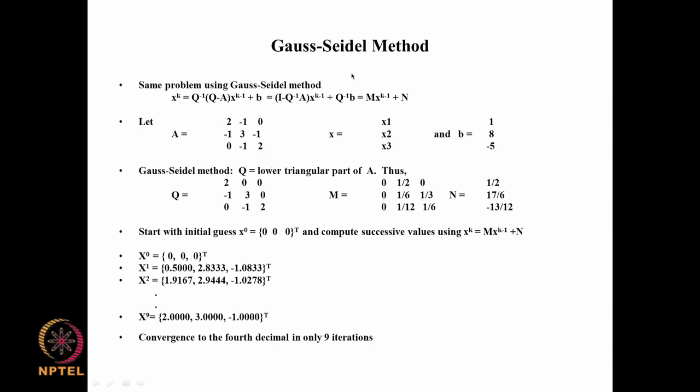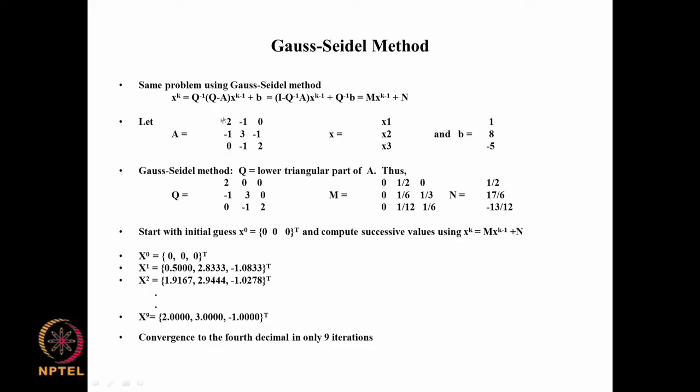The Gauss-Seidel method, which we have seen earlier as a formula, is also written in the same way, xk equal to Q inverse of (Q minus A) times xk minus 1 plus b. So, it is exactly the same generic formula, but the choice of Q is different.